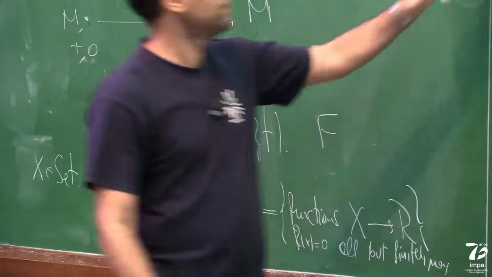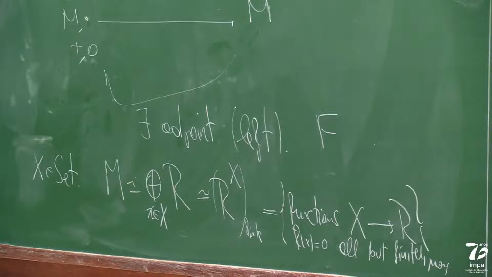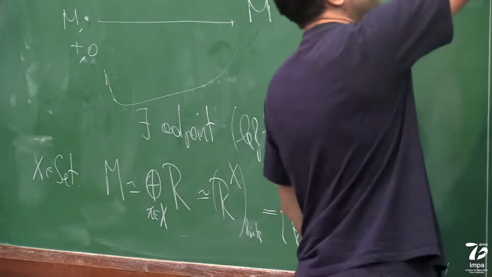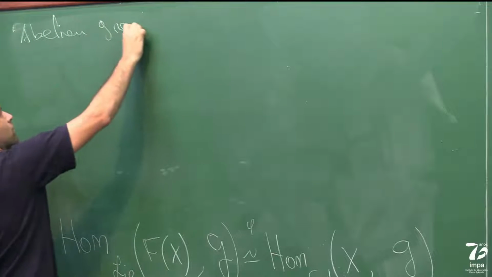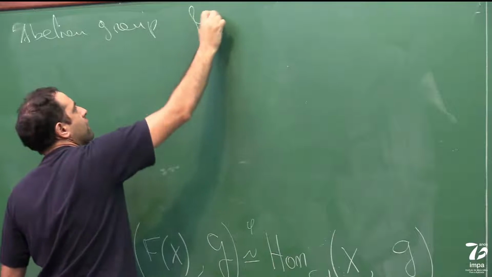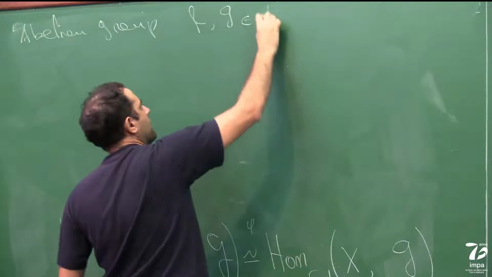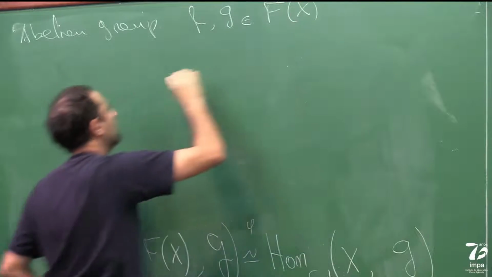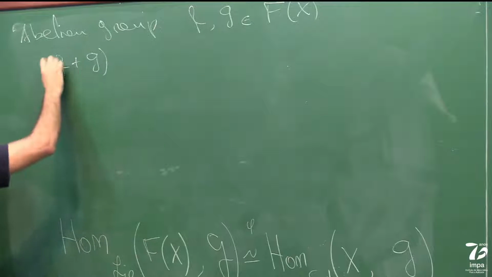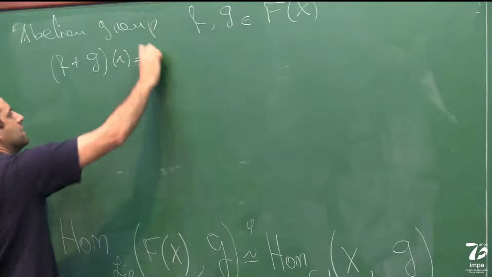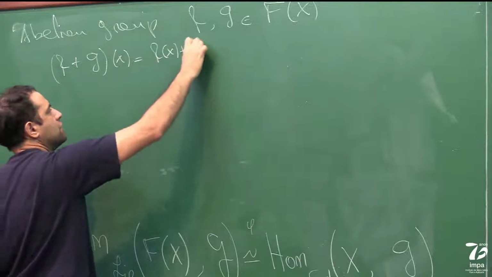So this thing here is an R module. It's clearly an R module. Well, this thing here is an abelian group. If you give me two functions, f and g, in F of X, then their sum, f plus g, evaluated at x, is simply f of x plus g of x.